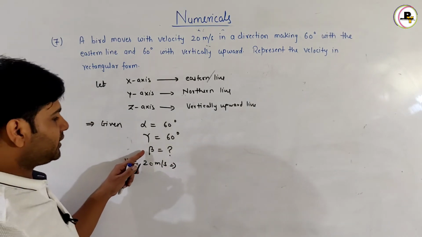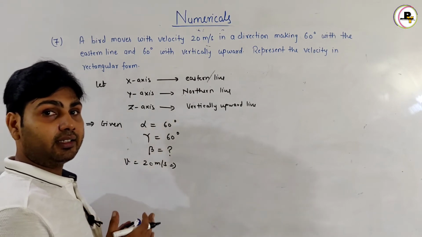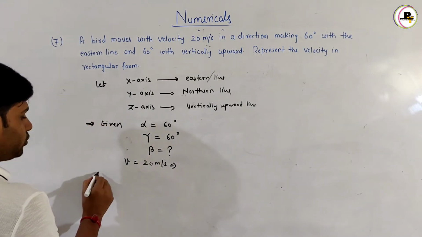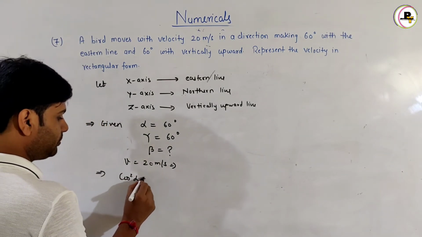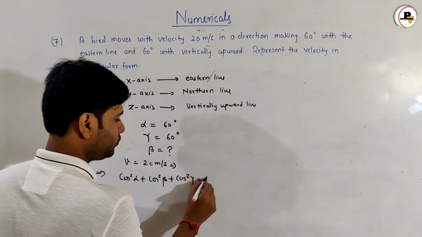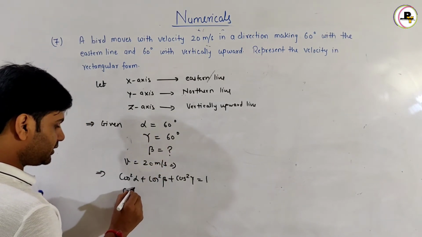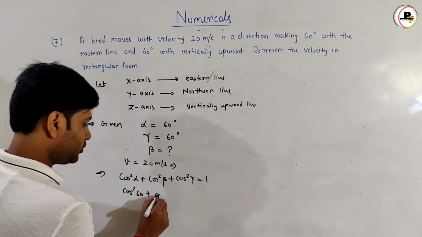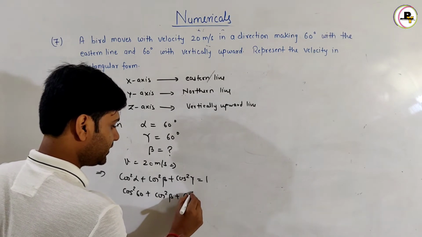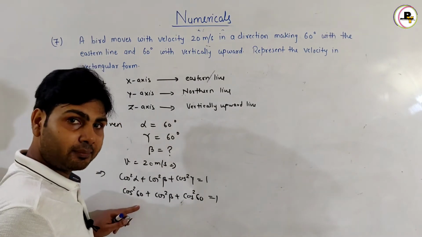So in order to obtain the value of beta, we will apply the identity, and what is the identity? It is the sum of the square of the direction cosines of a vector is equal to 1. So we can write here cos square of alpha plus cos square of beta plus cos square of gamma equals to 1. So cos square of 60 degree plus cos square of beta plus cos square of 60 degree equals 1. And what is cos 60? It is 1 by 2.